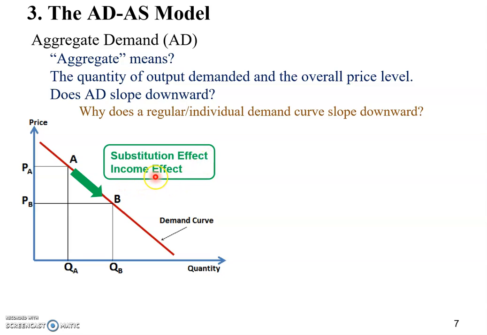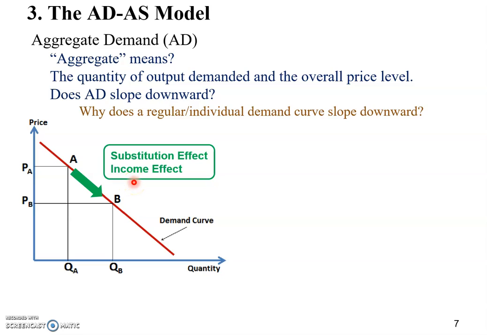Another effect is the income effect. When the iPhone 12 becomes cheaper, even though it's just one good in the fixed market basket of all goods and services around us, this decrease in the price would make the dollars in our pockets have more purchasing power. So our real income actually would be higher.